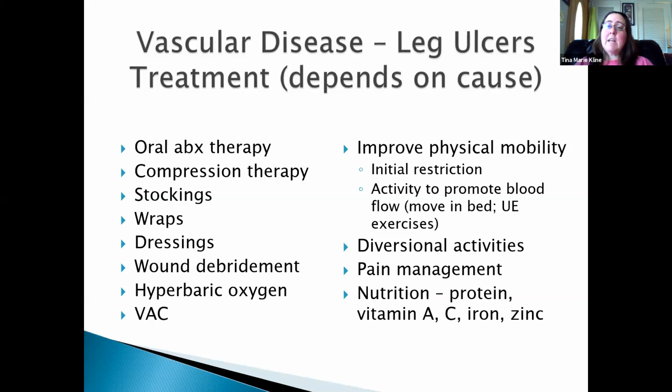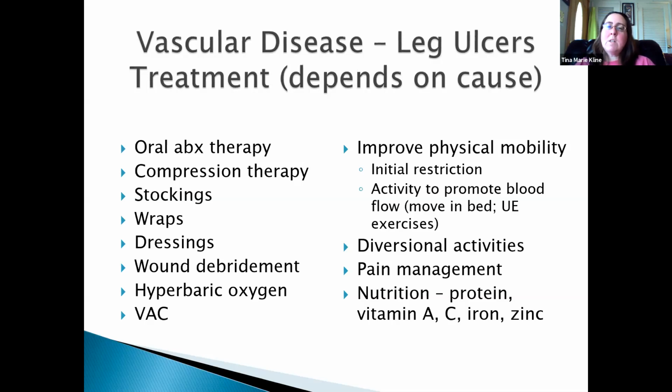Patients with vascular disease, specifically venous disease, tend to experience bouts of cellulitis. So you might be seeing this person as an inpatient because they have a cellulitis. You might be seeing them as an inpatient because they have something else. Maybe they have pneumonia, they have a COPD exacerbation, but they also have a venous ulcer that we're having to manage.